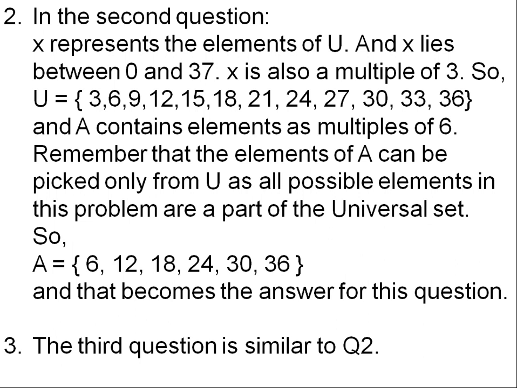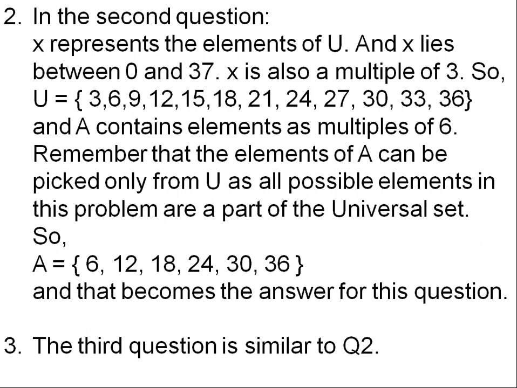In this second question, x represents the elements of universal set, and x lies between 0 and 37. They have also stated that x is also a multiple of 3. So the universal set can be written as within curly brackets 3, 6, 9, 12, 15, 18, 21, 24, 27, 30, 33, 36.